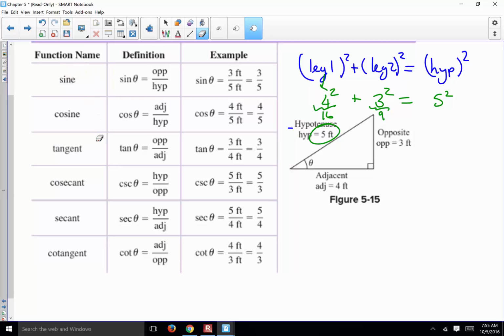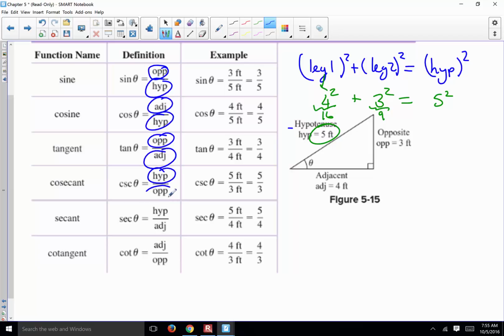Sine, cosine, tangent, cosecant, secant, and cotangent are all produced by just pairing of sides: opposite over hypotenuse, adjacent over hypotenuse, opposite over adjacent, hypotenuse over opposite, hypotenuse over adjacent, adjacent over opposite. A crazy guy just sat down and paired them up and called them a name. You could have come up with your own name if you had built this first.